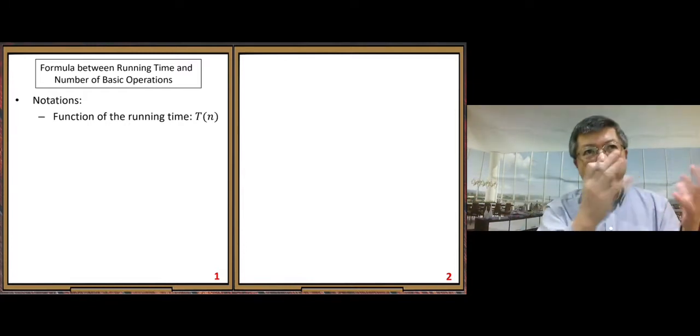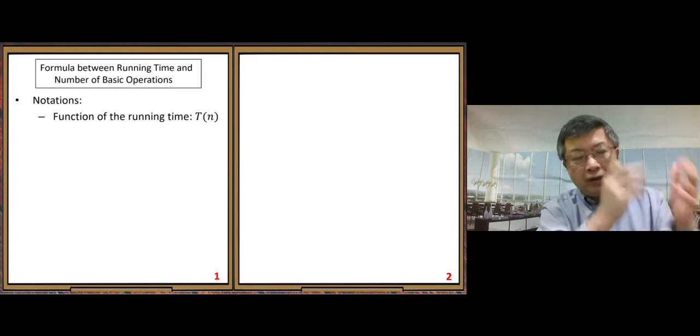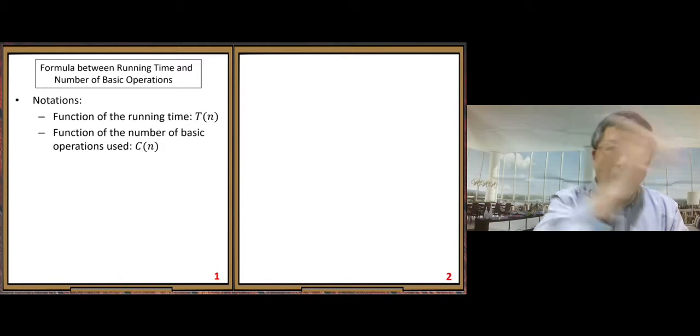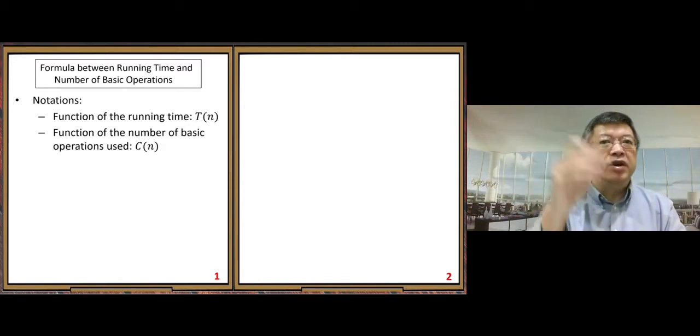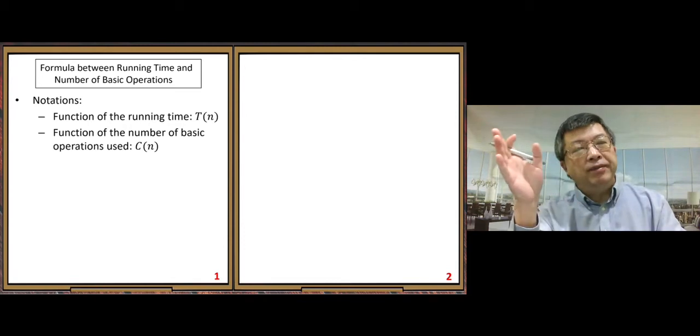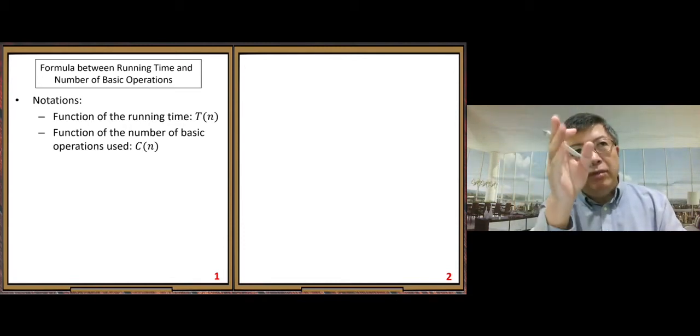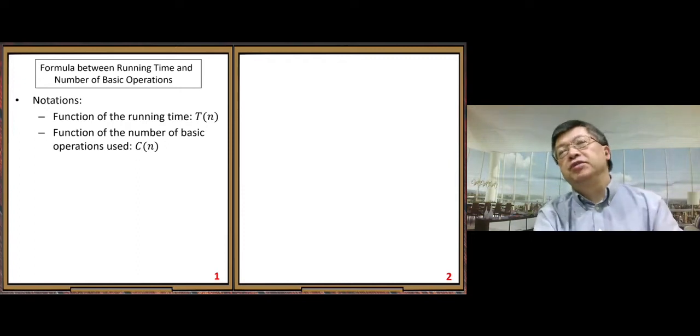A better way to do it is using another related function, the function of the number of basic operations, C of n. Counting the number of basic operations, C of n.